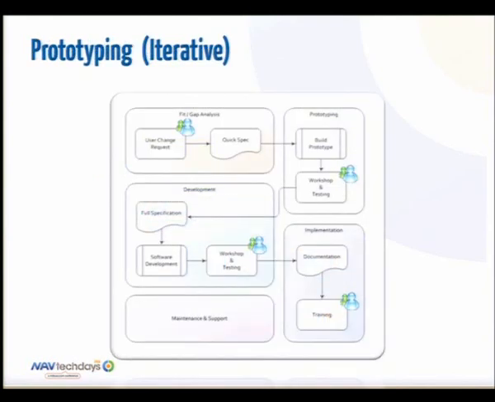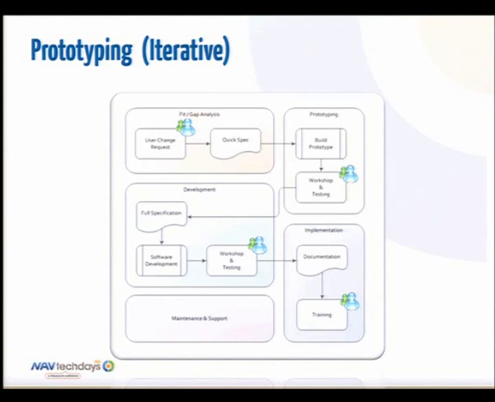Prototyping is something that is loved in the Dynamics NAV world, where you start with the user creating a change request and a quick spec, and then with the flexibility of Dynamics NAV, you start prototyping. You can do prototyping in your office and then send some FOB files or screenshots, but you can also sit together with people and start building the prototype, and then you have workshops and training.